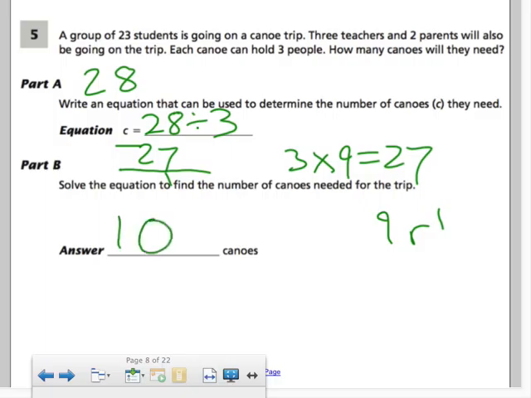Now, you might have put 9 remainder 1. That's because you're only thinking as a math student. But you're not just a math student. You're a real person in the real world. And you can't ask for a remainder 1 canoe. You need 10. That means most people will be in the canoes together, and one guy might be by himself.